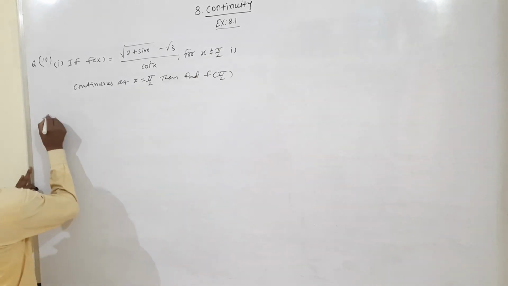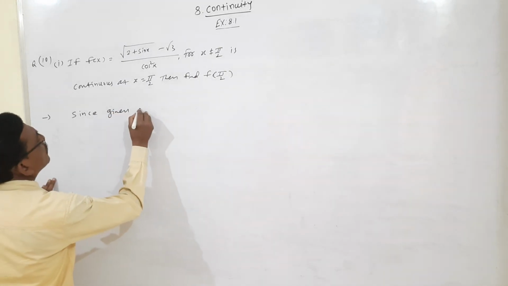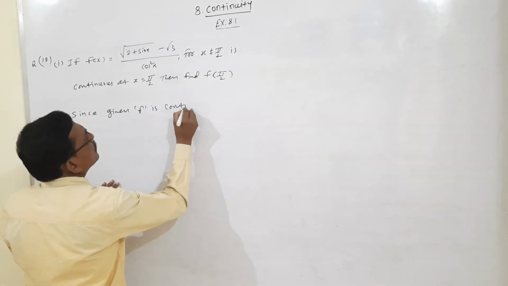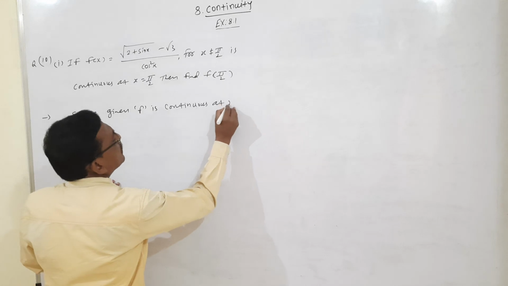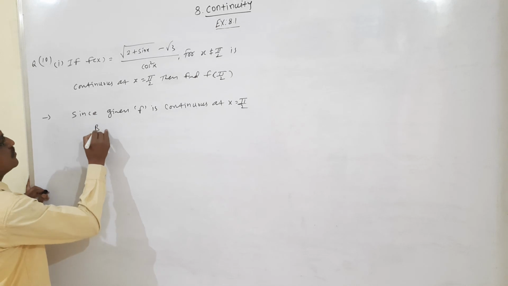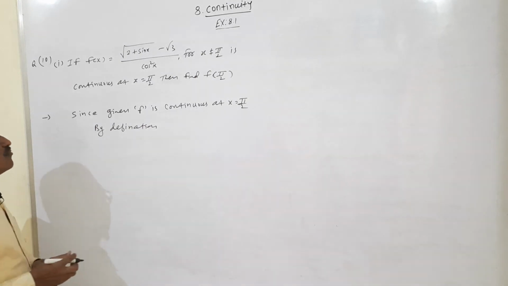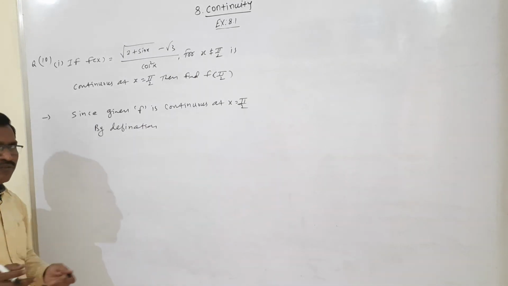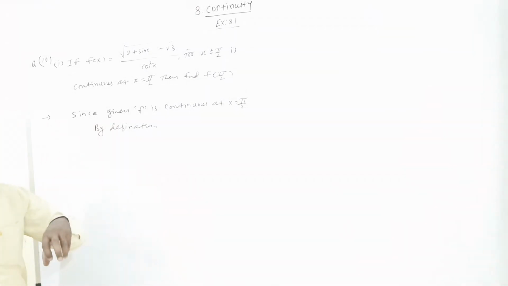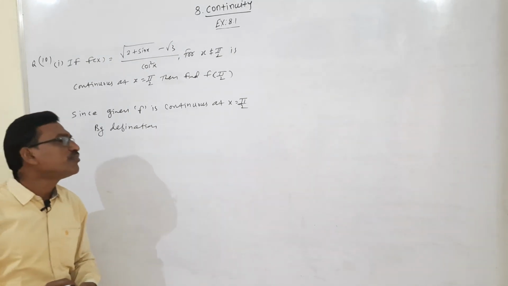Since f is continuous at x equal to pi by 2, by definition, when the limit of the function is equal to the function value at that point, we say the function is continuous at that point.